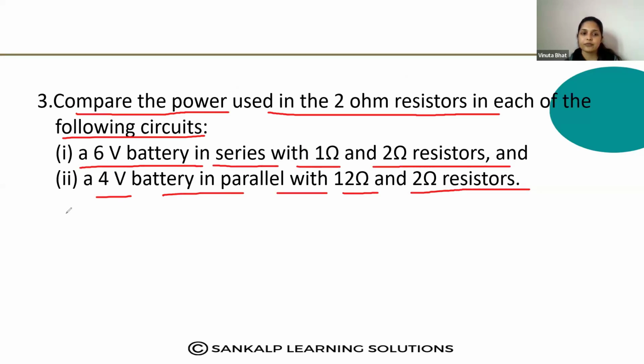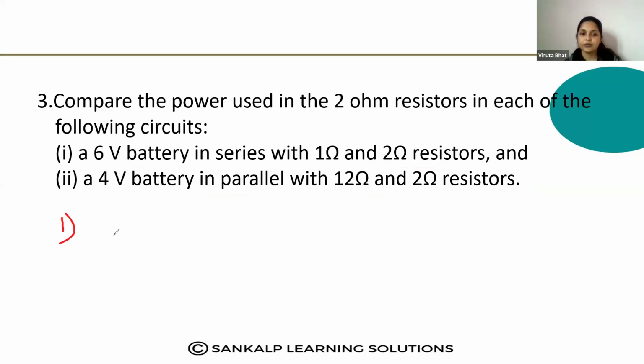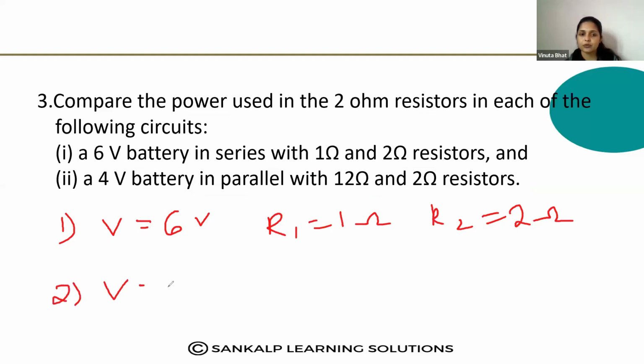Here in case of the first series connection, V is equal to 6 volt, then R1 is equal to 1 ohm and R2 is equal to 2 ohm. Okay. And in case of the second one, V is equal to 4 volt and R1 is 12 ohm and R2 is 2 ohm.